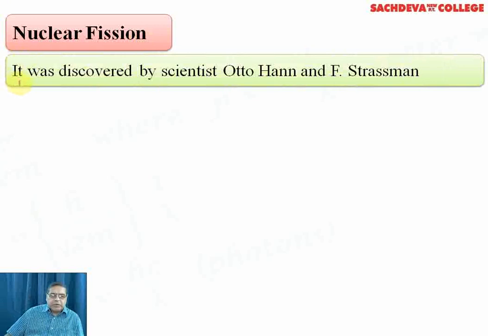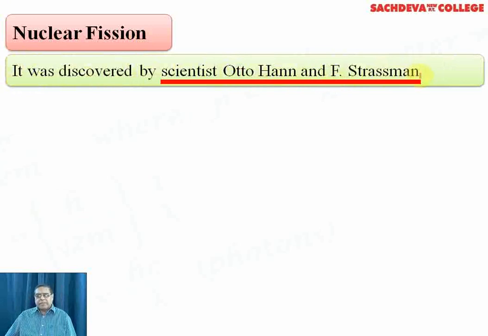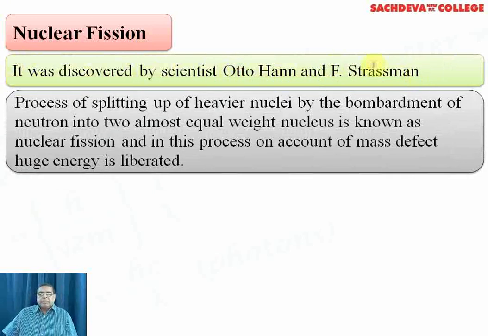This phenomenon of nuclear fission was first discovered by the scientists Otto Hahn and F. Strassmann. The process of splitting up a heavier nucleus by bombardment of neutrons into two almost equal weight nuclei is known as nuclear fission.